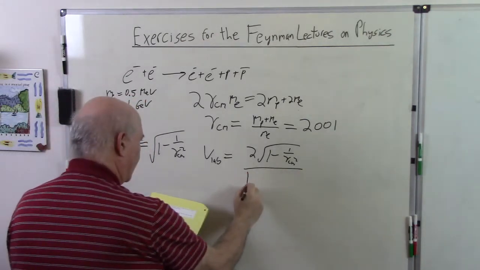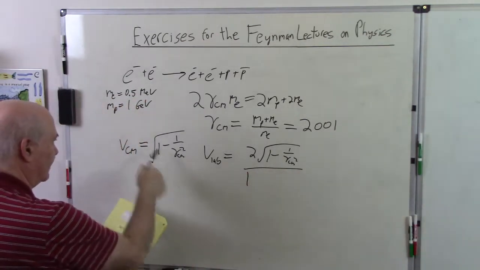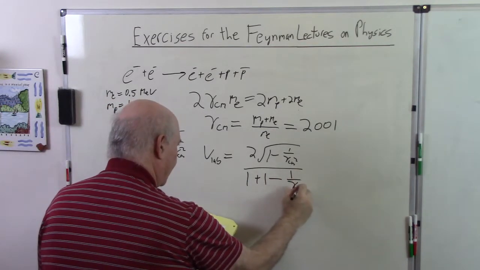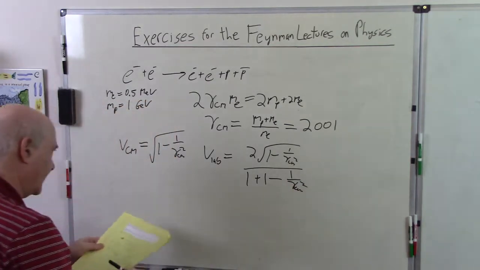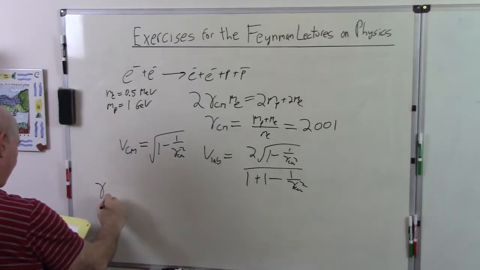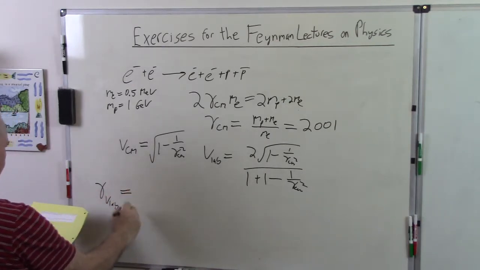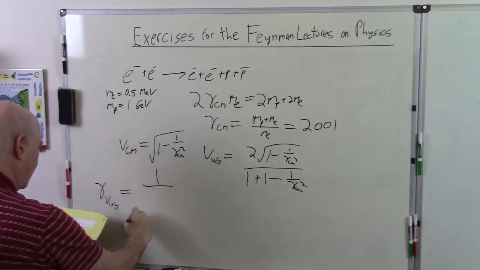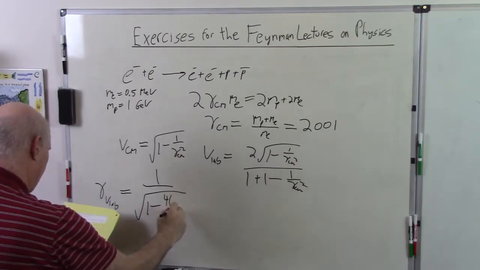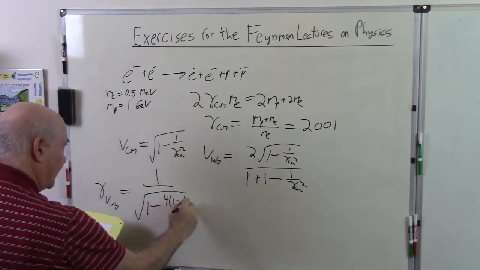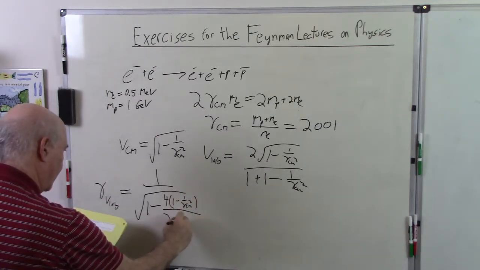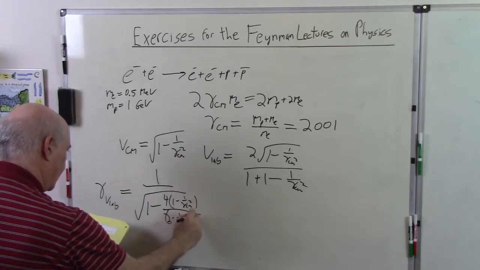So I'll just keep the formulas, 1 plus the product of these two, 1 plus 1 minus 1 over gamma CM squared. And then from VLab you can calculate gamma of VLab. This is going to be equal to 1 over square root of 1 minus this squared, which is 4 times 1 minus 1 over gamma CM squared, divided by 2 minus 1 over gamma CM squared.